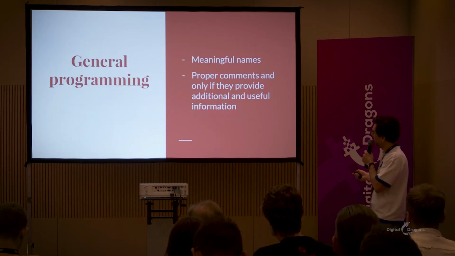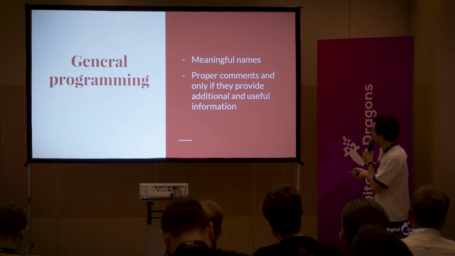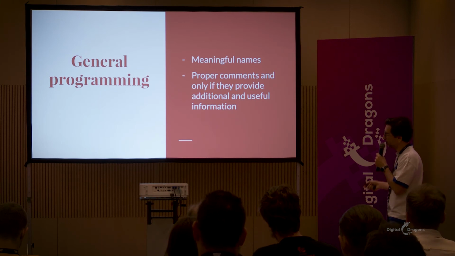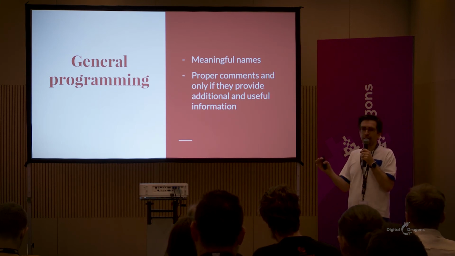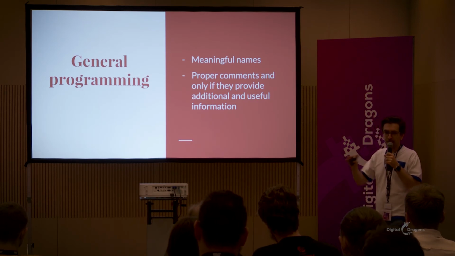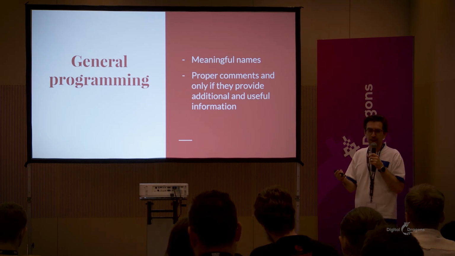Use meaningful names and proper comments, but only if they provide additional and useful information. You don't need comments that describe the same thing the name of the class, the field, or the property is already telling you.